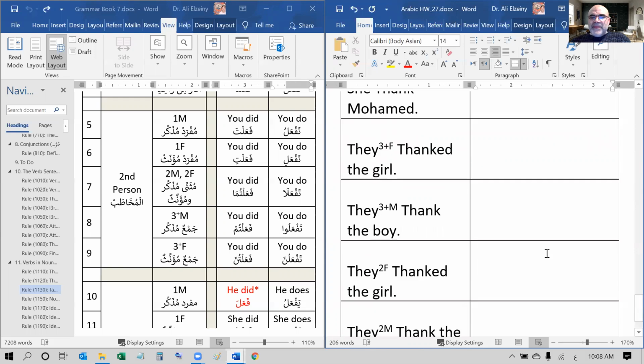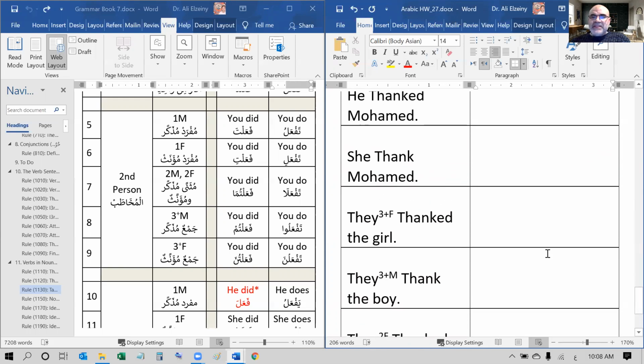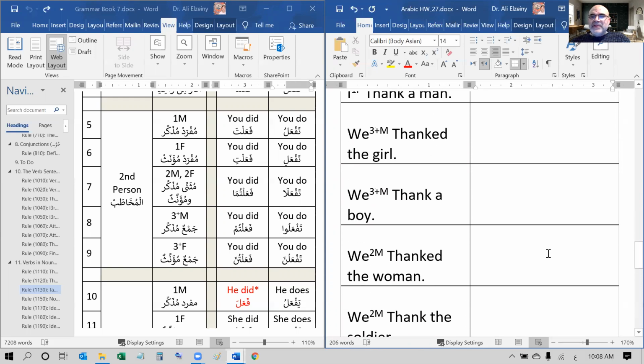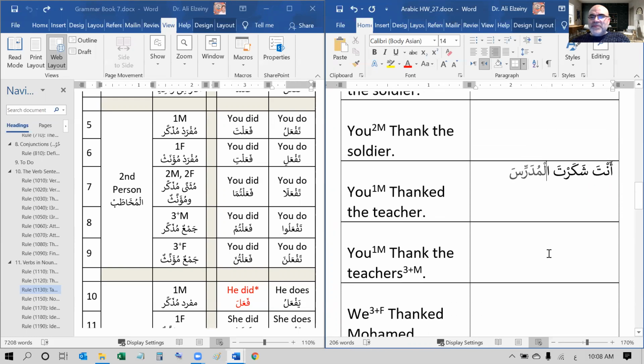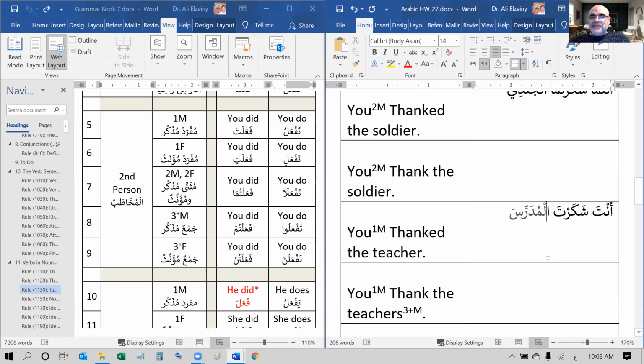I'm using the verb think all the time so that you learn the rule on one verb. And it applies for all other verbs, but you learn it on one verb. Okay.